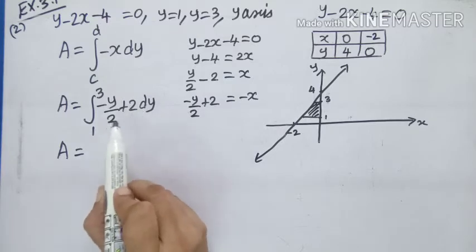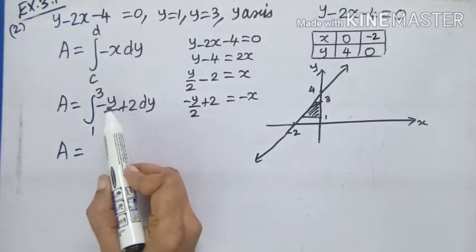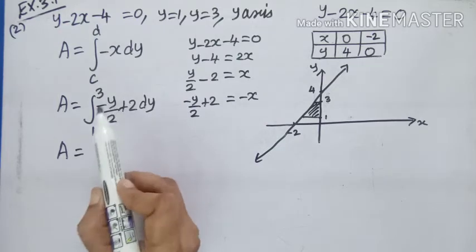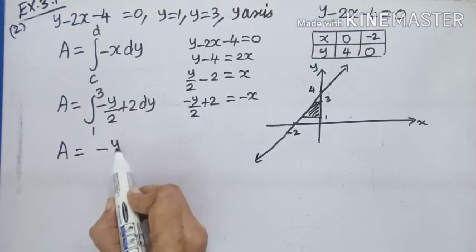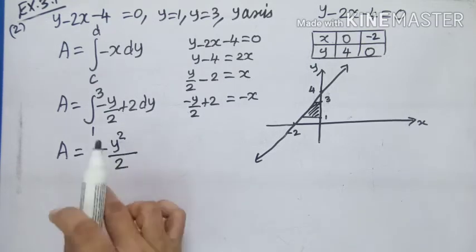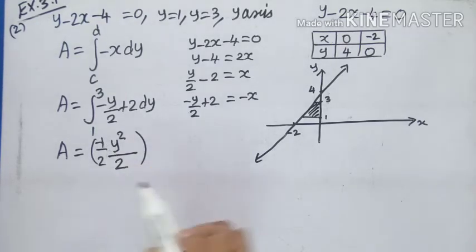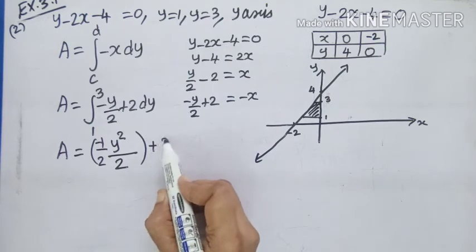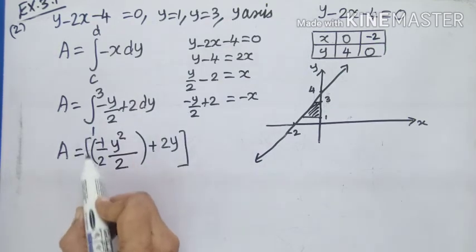Similarly, x becomes x square by 2 in integration, but here it is y. So y will become y square by 2. There is already a 2, so retain it as it is. Plus 2 into dy will become 2y. We have completed the integration.